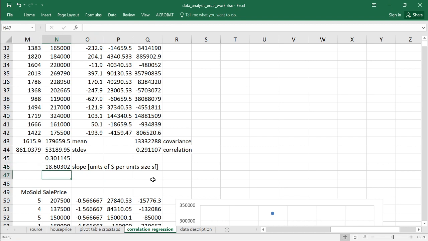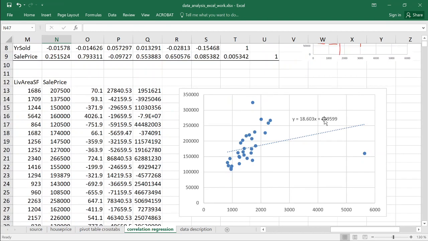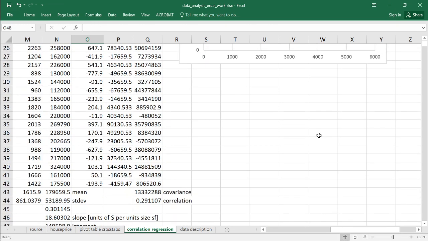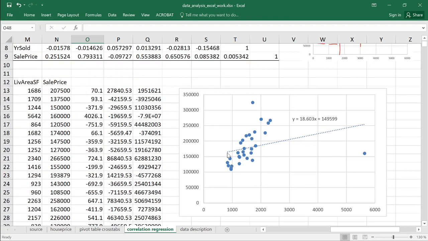Now this is the slope, and the so-called intercept or constant term, around 150,000 here, is obtained by taking the mean of the sales price and subtracting that slope times the mean of the square feet. Now what does that mean? This is the intercept. It is measured in the units of the sales price. So one way of thinking about it is, as I said before, 150,000 would be a price for a house with 0 size, which doesn't make a lot of sense.